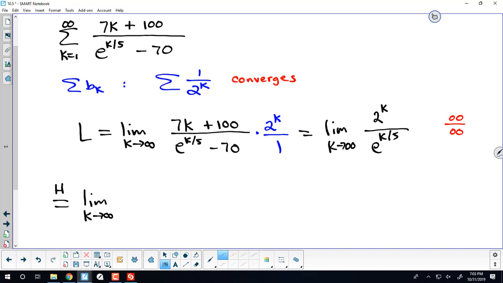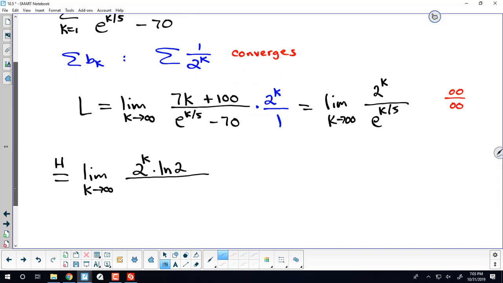It's exponential, not a power. So derivative of exponentials, 2 to the k times the natural log of 2. What's the derivative of e to the k over 5? One-fifth e to the k over 5.